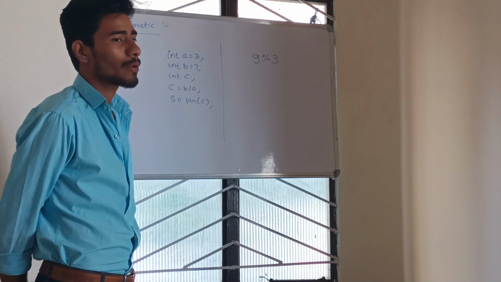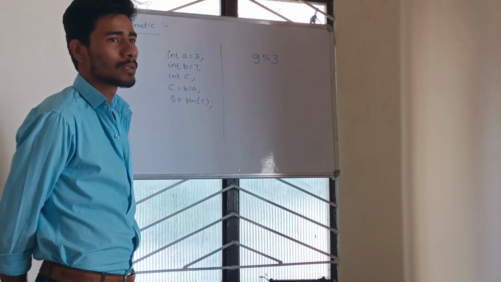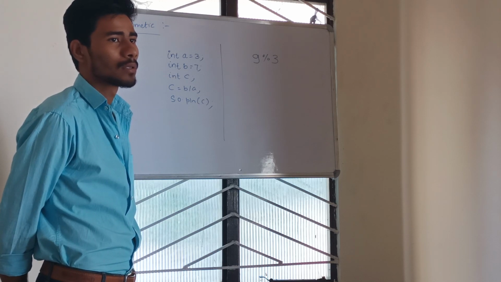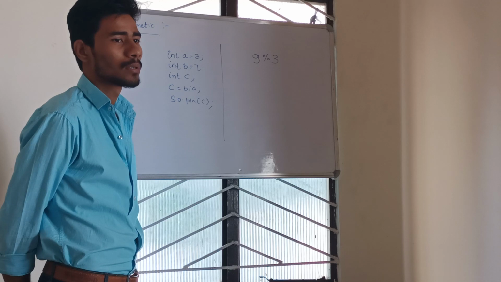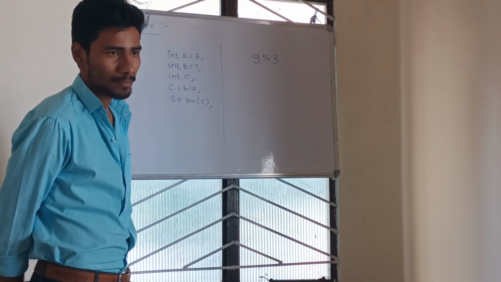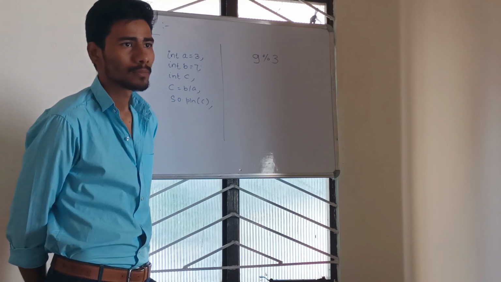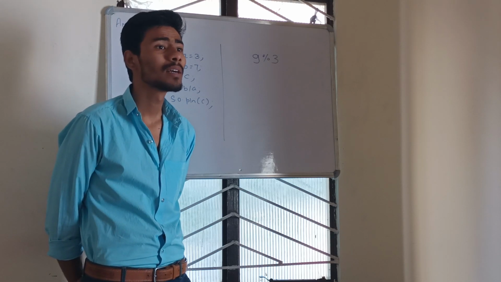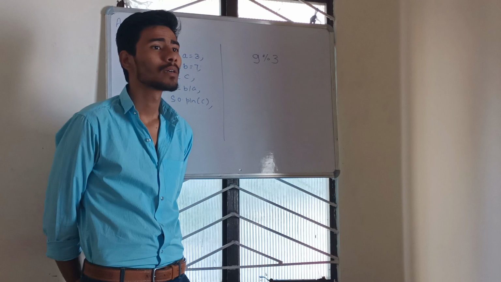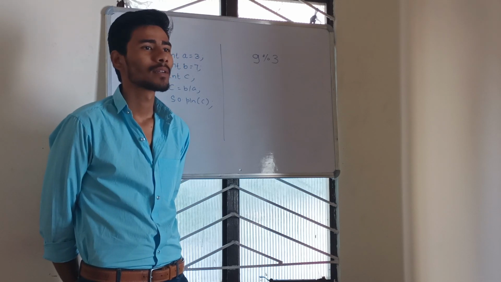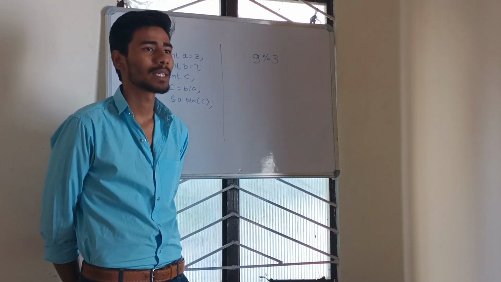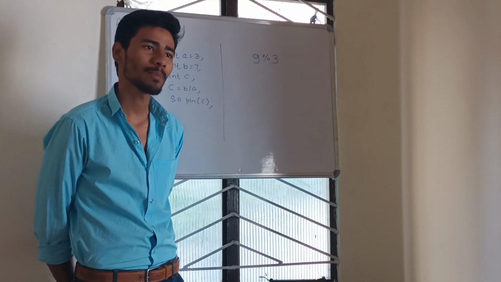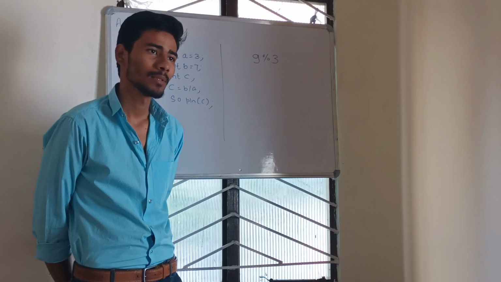Do it in a notebook and tell me what will be the output. How much did you score in mathematics? 64. Addition, subtraction, multiplication, division, everything you know.